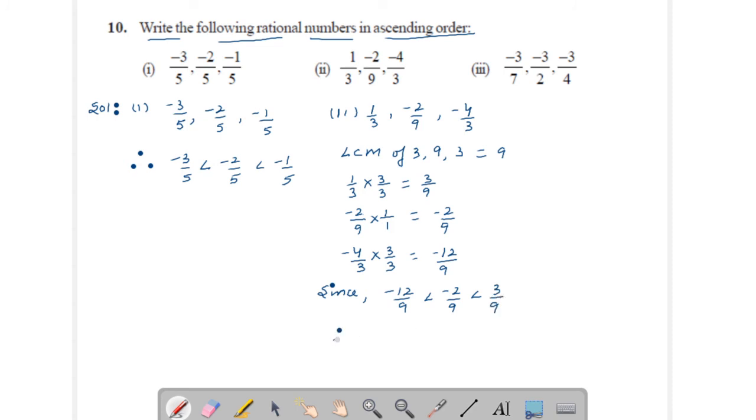Therefore, minus 4 upon 3 is less than minus 2 upon 9 is less than 1 upon 3. This is your ascending order.